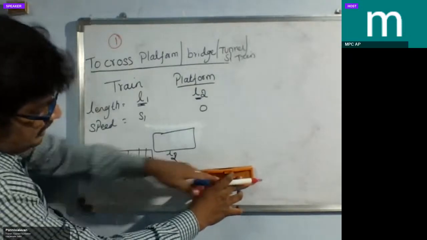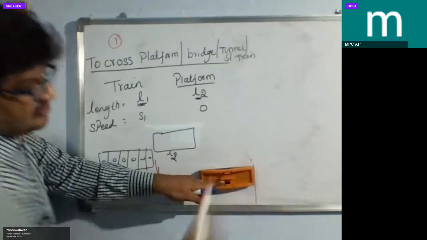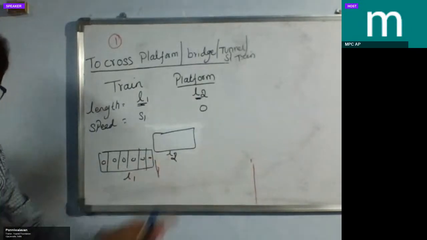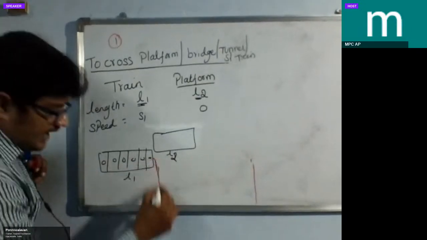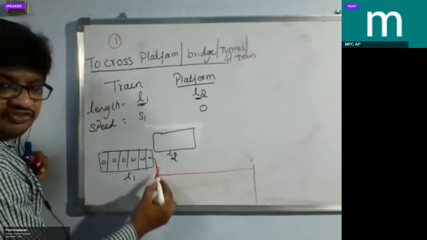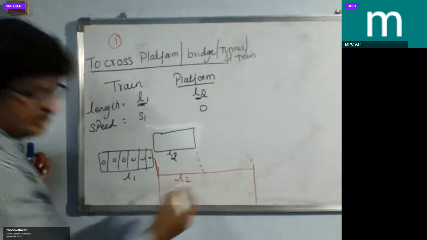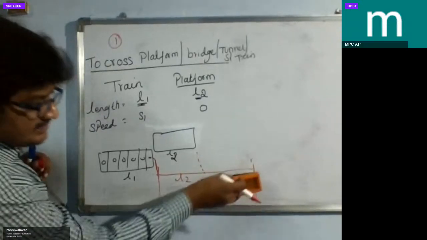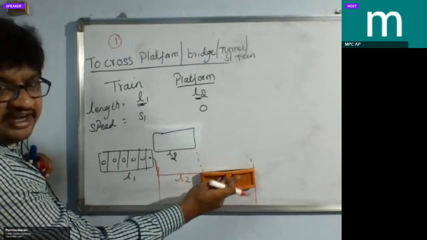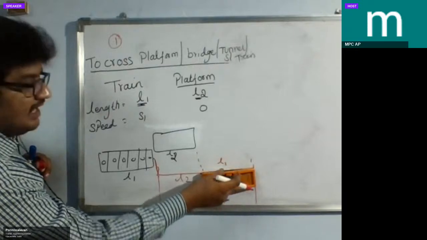Once it has fully crossed this point, then it has crossed. So the train has to travel from here to here. This is L2 and this is the train length L1.